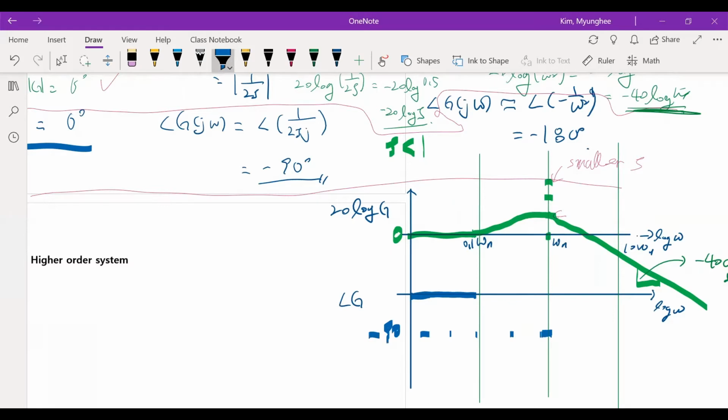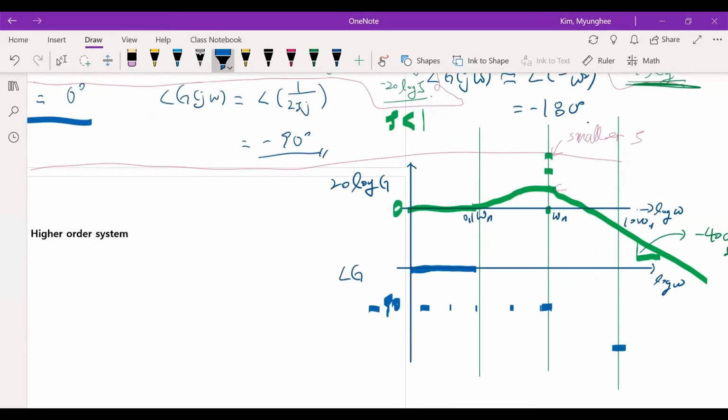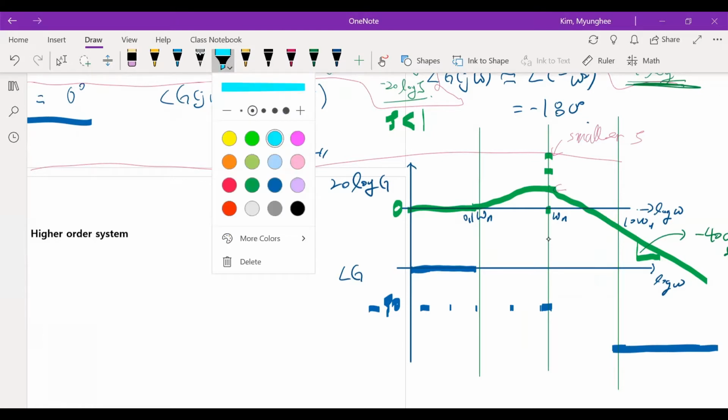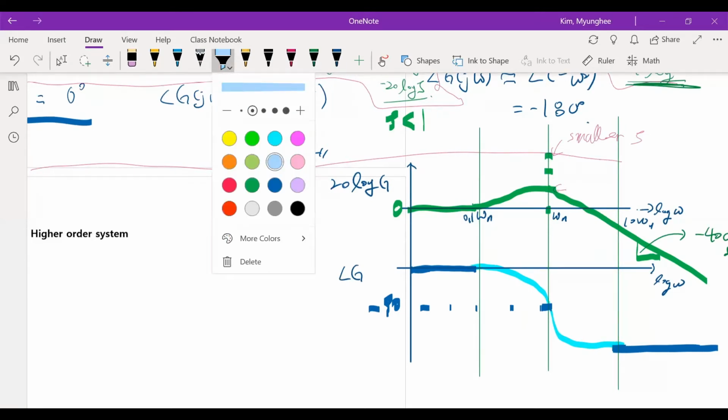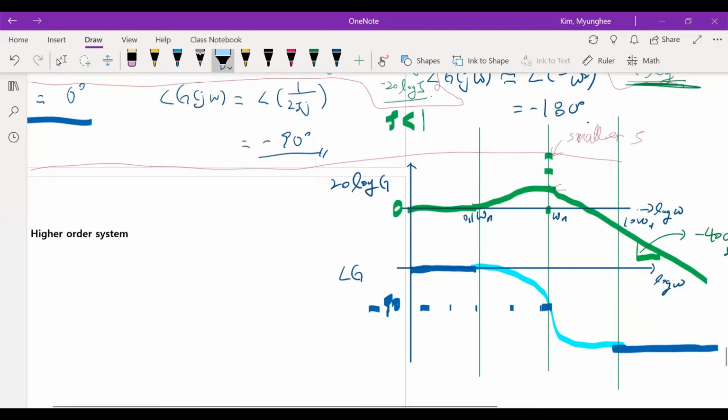And then when the ω is very large, it will be negative 180 degrees. So it will start from here and then go to there, and in between it can look something like this, or something like this. It depends on the damping ratio.